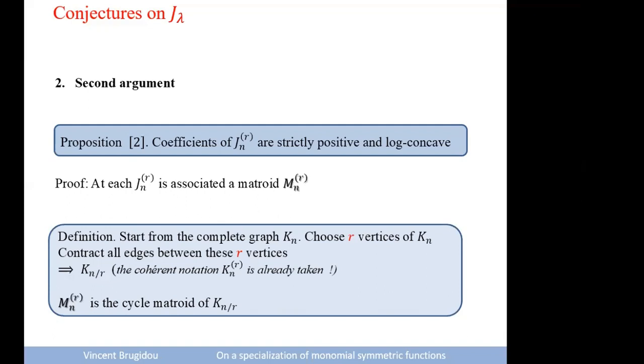The second argument is that the coefficients of GNR are strictly positive and log concave. The log concavity is a direct application of the work of Huh by associating to each GNR a matroid MNR.